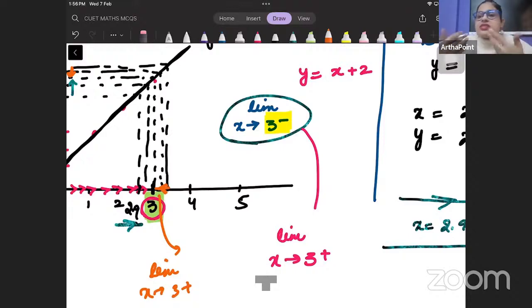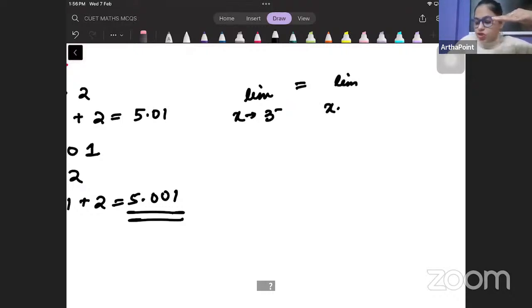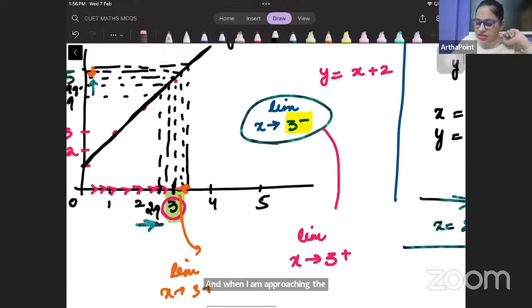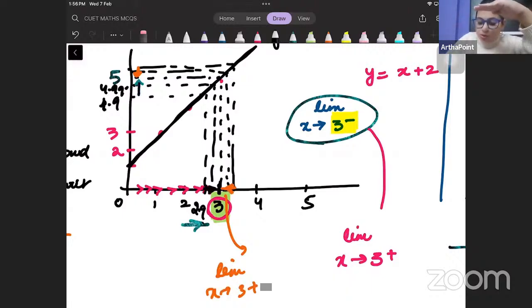Now, what is continuity? हम continuity को कैसे define कर सकते हैं? So I can say that when I am approaching the function from the left hand side and when I am approaching the function from the right hand side and it is equal to the value of the function. यहां से धीरे धीरे जैसे जैसे हम 3 की तरफ जा रहे थे, as we were going close to 3, I was going close to 5. यहां से जैसे जैसे हम 3 की तरफ जा रहे थे, as I was going close to 3, I was going close enough to 5.